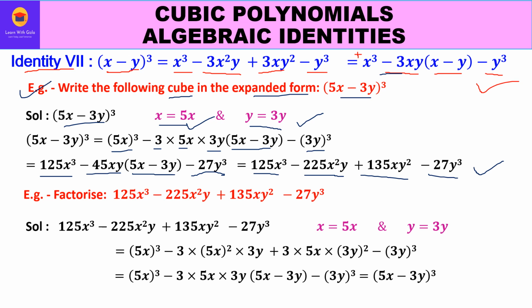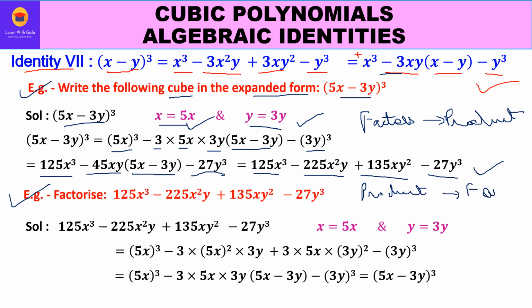Right, we were given the factors in this first question, and we found the product. Now in the second question, the product is given, the same product I have taken. Now they are saying factorize it. Factorize means you have to find its factors.